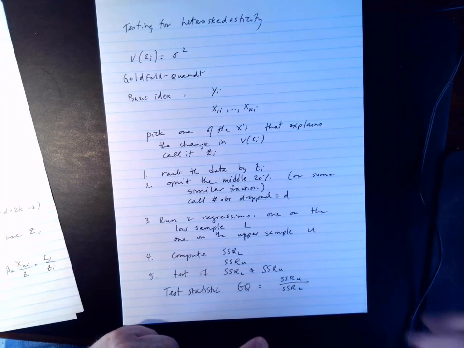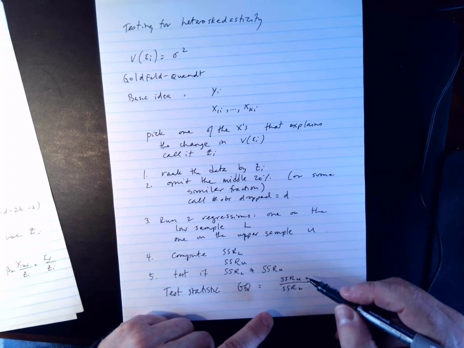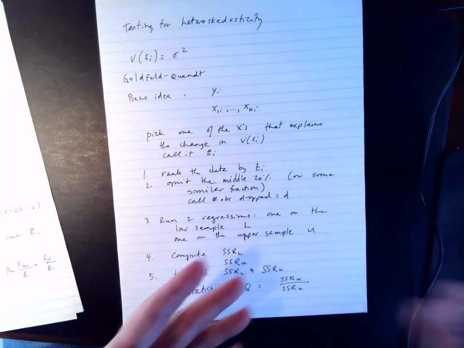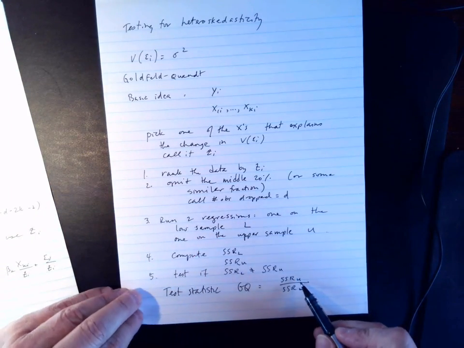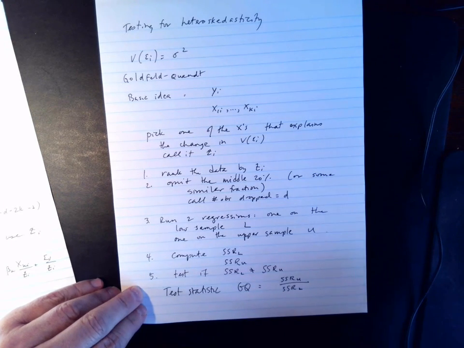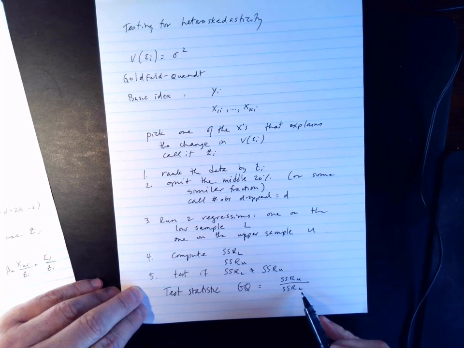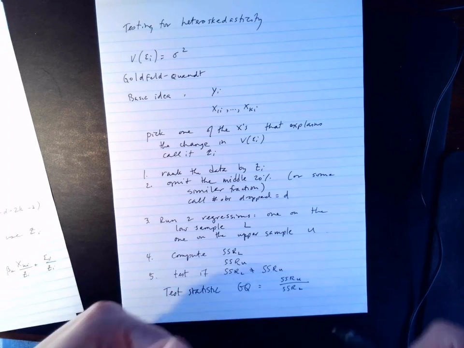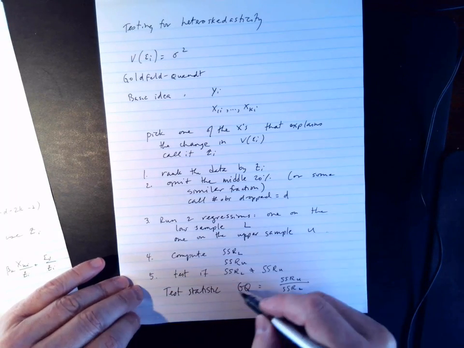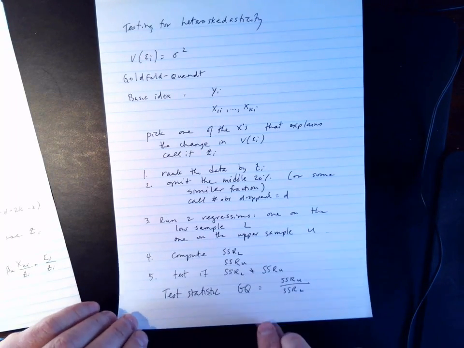If it turns out the data is convergent, so that the sum of the squared residuals from the upper sample is small compared to the sum of the squared residuals for the lower sample, just flip it over. What you want is that statistic to be greater than 1.